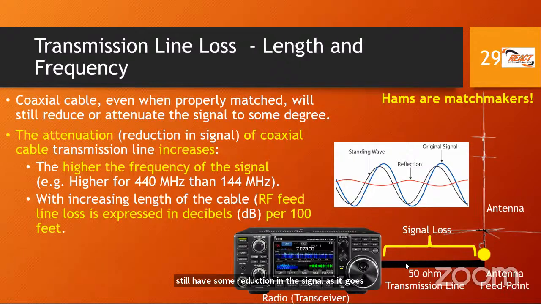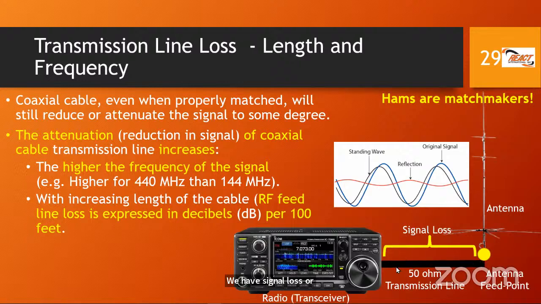The transmission line is not perfect. It will not transfer 100% of the energy or the signal from the radio to the antenna, even if you have a 1:1 ratio or the SWR is as low as 1:1. We have signal loss or reduction in the signal.